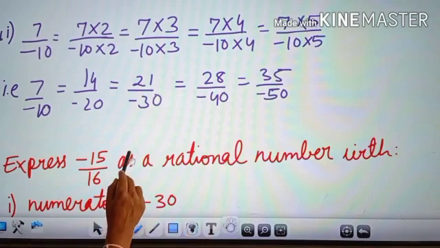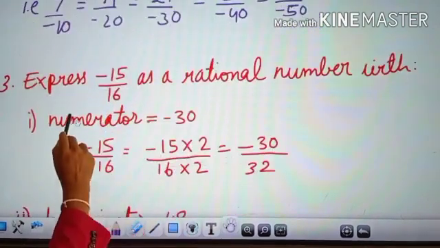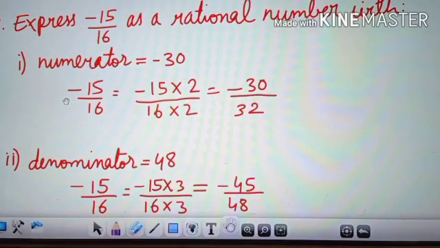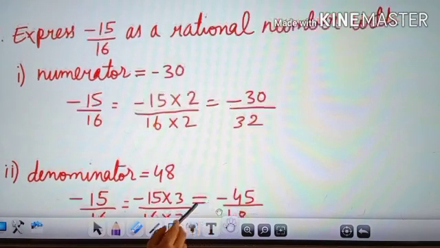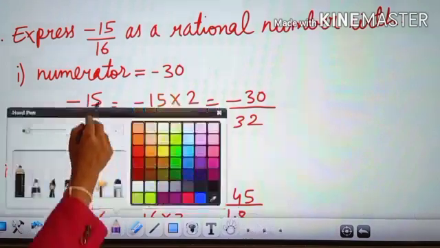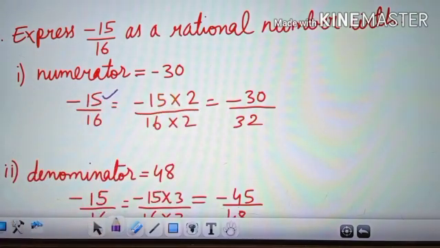Next is the third question: express minus 15 upon 16 as a rational number with numerator equal to minus 30. What you have to make is the numerator minus 30.